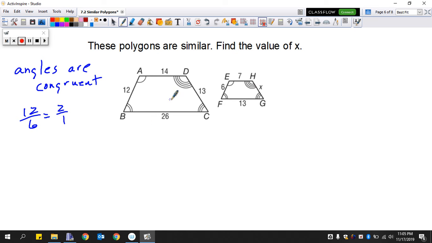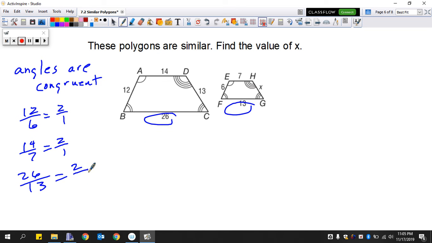All right. 14 to 7, 2 to 1. We have 26 to 13 here and here, which is 2 to 1. Okay. And it tells us that the polygons are similar and wants us to find the value of x.